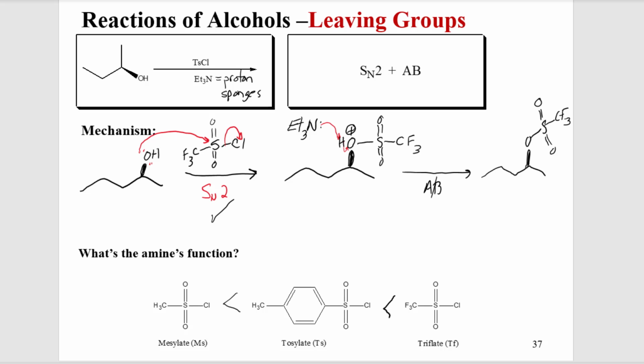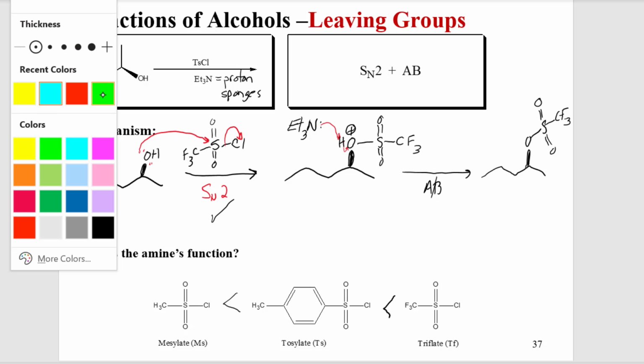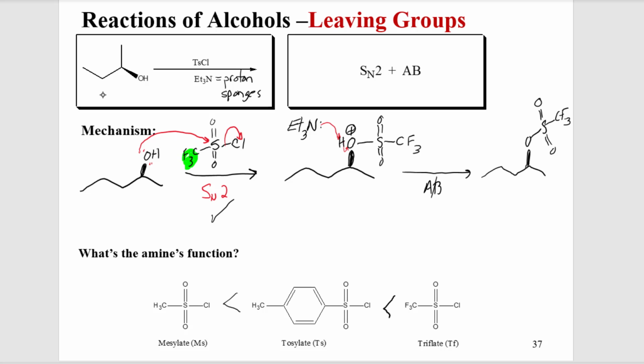The mesylate, you can see the only difference between any one of these is the group off of the sulfonate. So you can see the alcohol, whatever your alcohol is, attacks the sulfur, kicks off the chlorine, right?